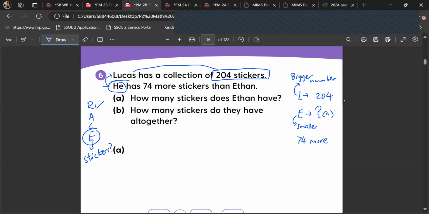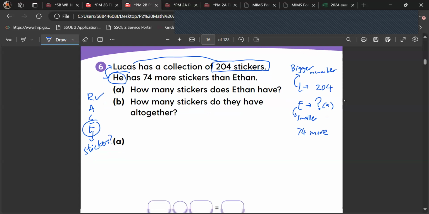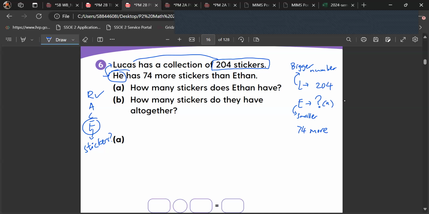It's 74 more. So for the first part, I can draw a model, starting with Ethan being the shorter bar and Lucas being the longer bar, because Lucas has more than Ethan. So Ethan is the shorter bar.